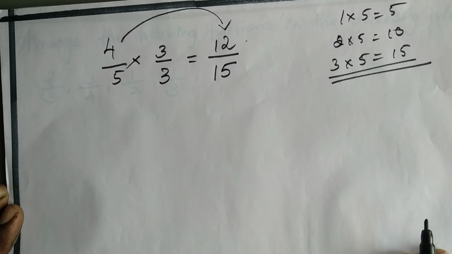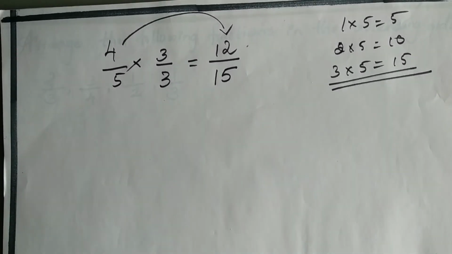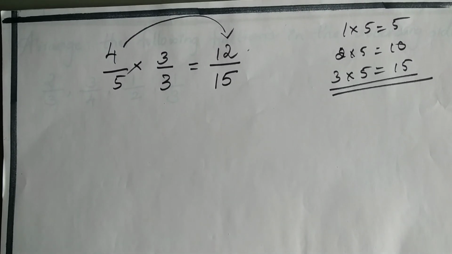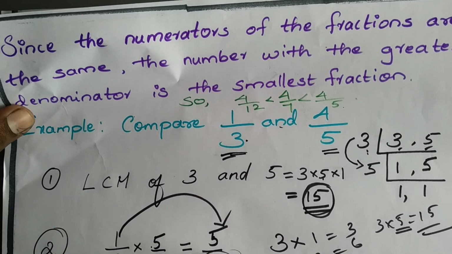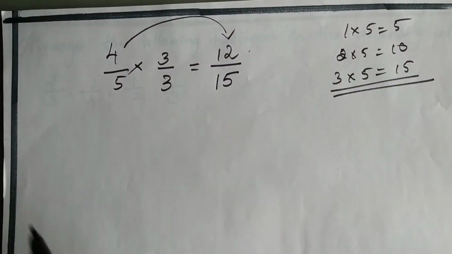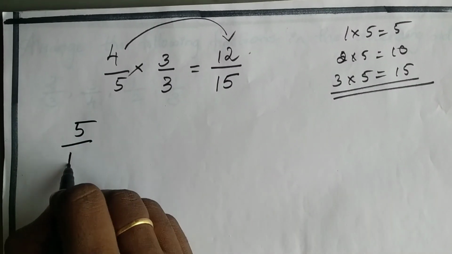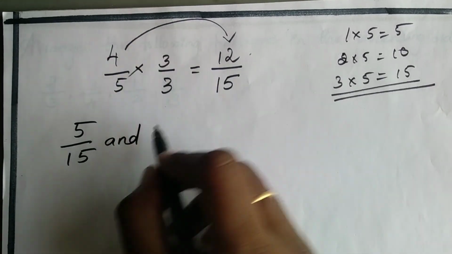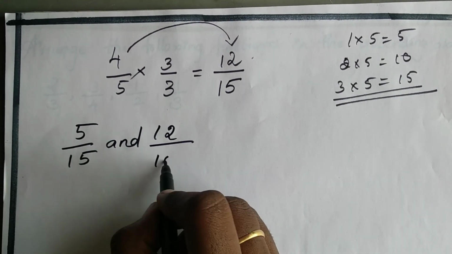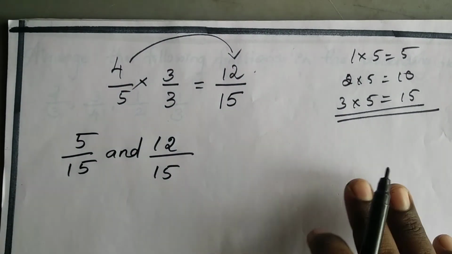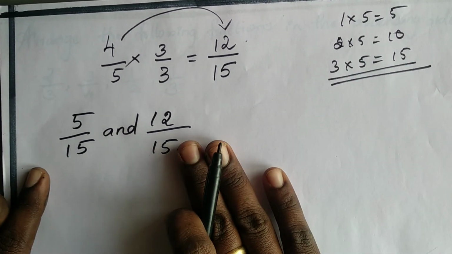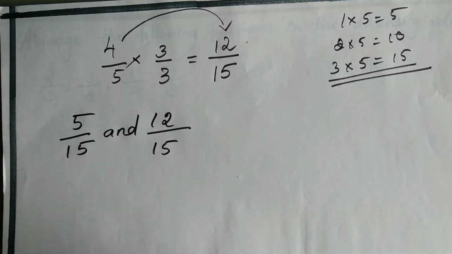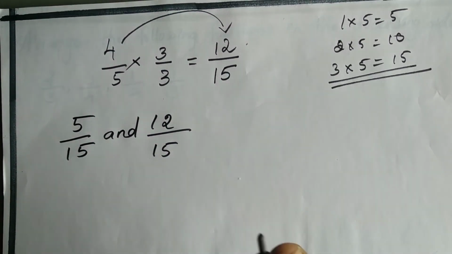Okay. Are we clear? So now we are going to compare. What are the new fractions? 5 by 15 is one of the fractions. And 12 by 15 is another fraction. Now it has become like fractions. If the fractions are like fractions, their denominators are same, and we can easily identify which is the smallest.